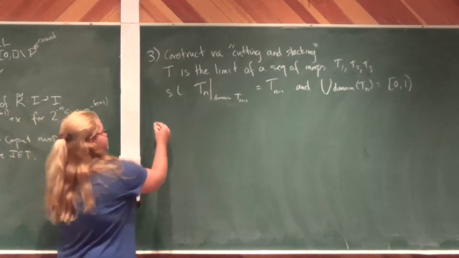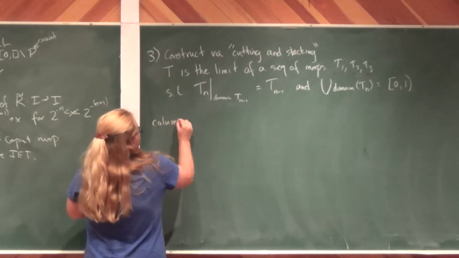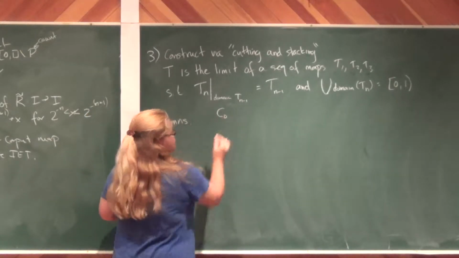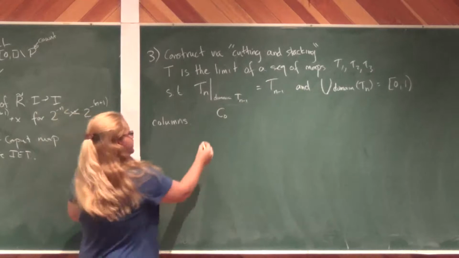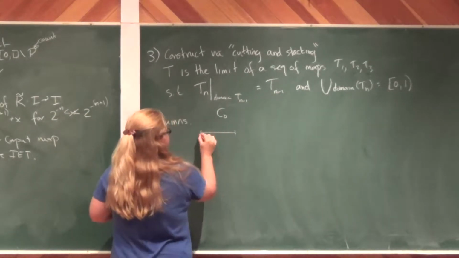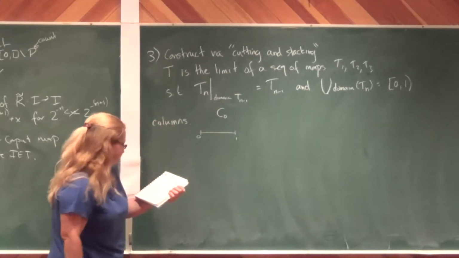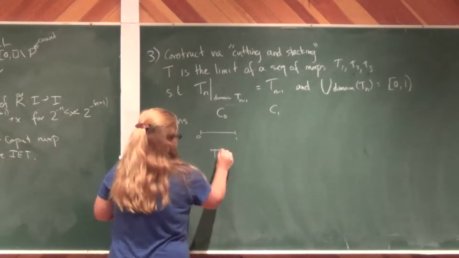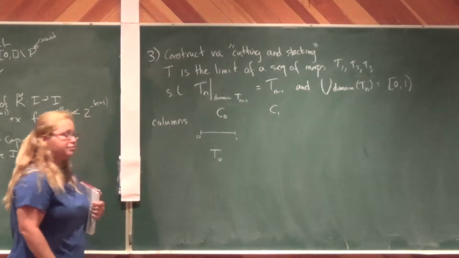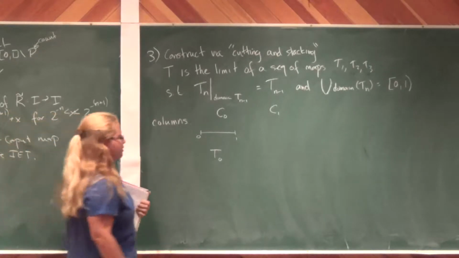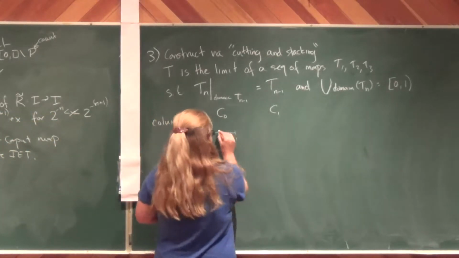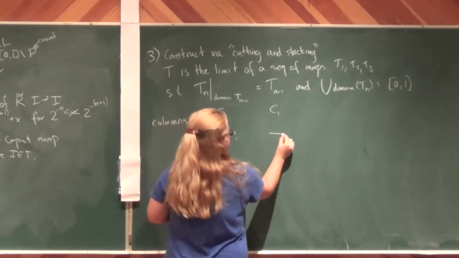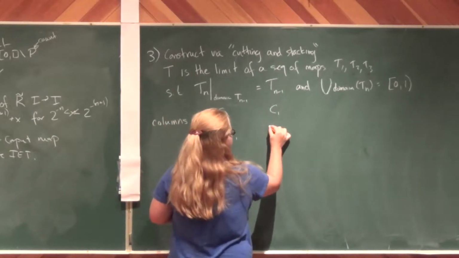So the construction involves columns. My columns are denoted by C. I'm going to start with C0. C0, I'm just going to take to be the unit interval, 0 to 1. And there's sort of a T0, which is the transformation which is not defined anywhere. For C1, we're going to cut this interval in half. We're going to stack the bottom half under the top half, left half under the right half.